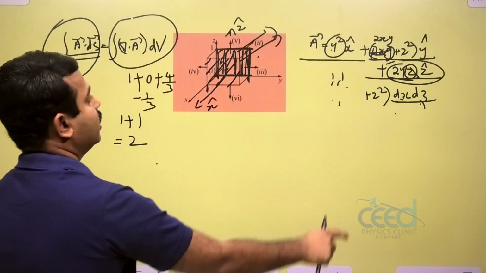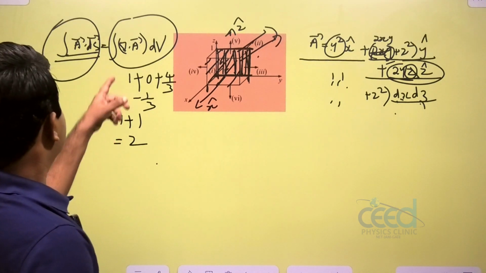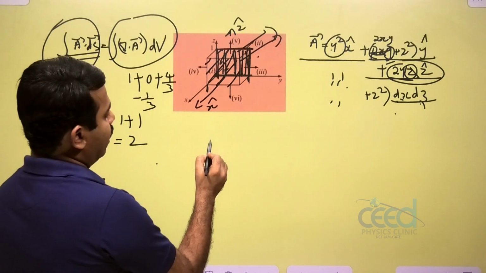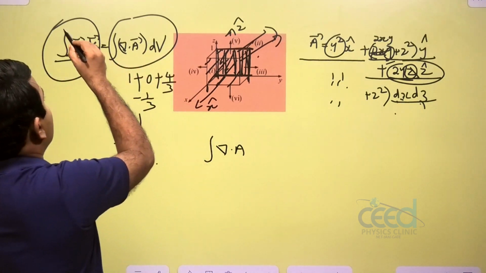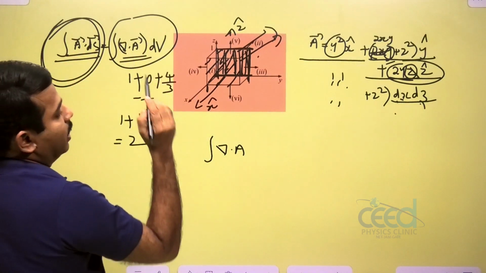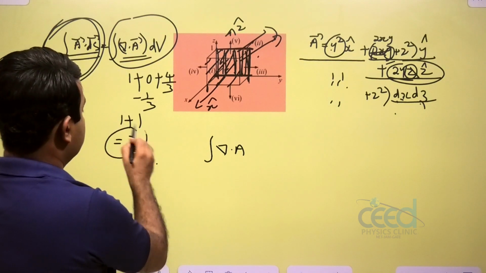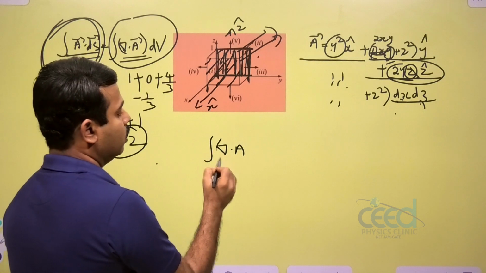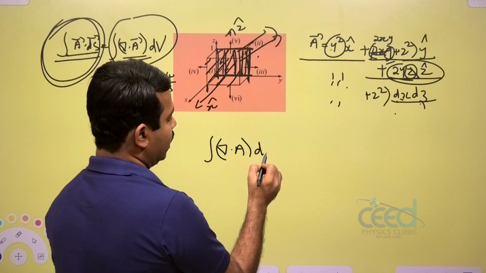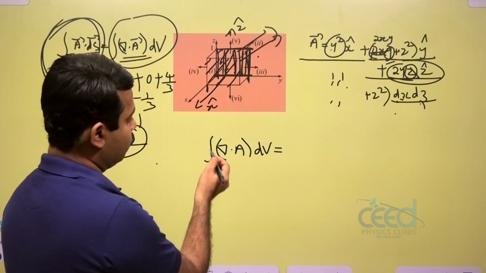Okay, so see what we studied, a surface integral equals the volume integral of divergence of A. Instead of calculating this surface part, I am calculating this side. We already got the answer as 2. Now let us check, very simply we get the same answer with divergence of A dV. What is the divergence of this function?